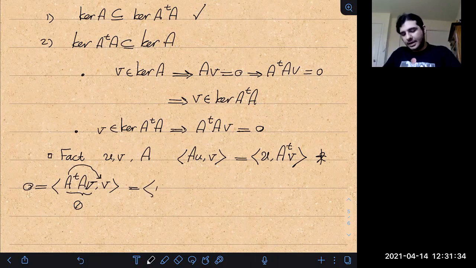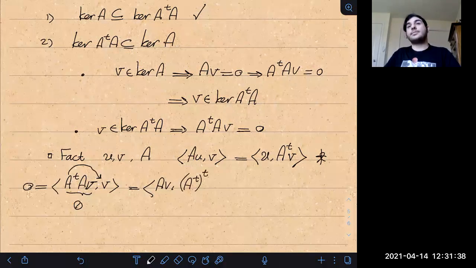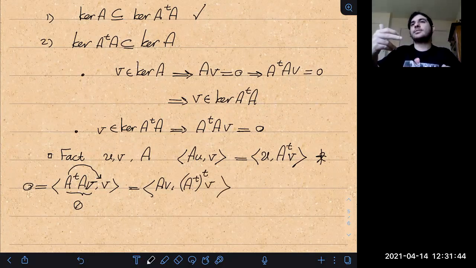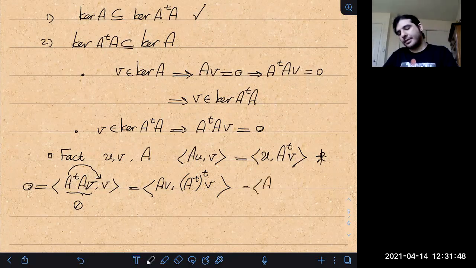Because when we move matrices to the other side, we should always apply one transpose to them. So it becomes A transpose transpose, and of course, that is just A.